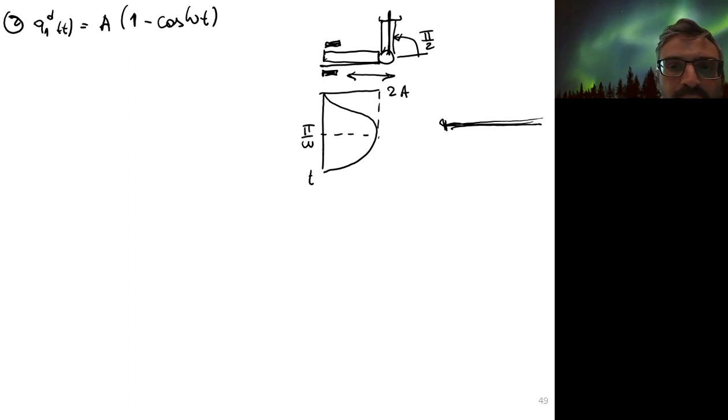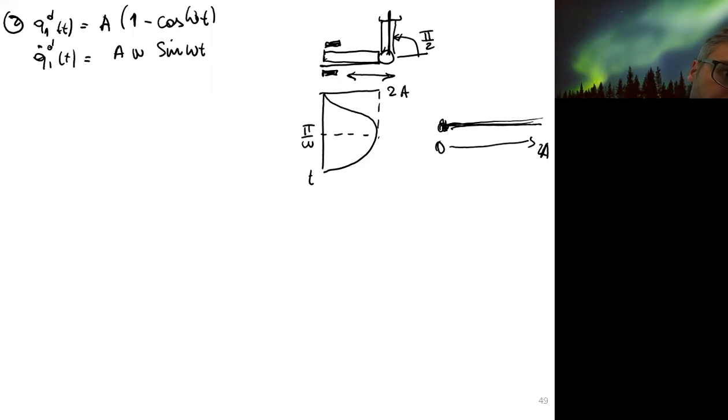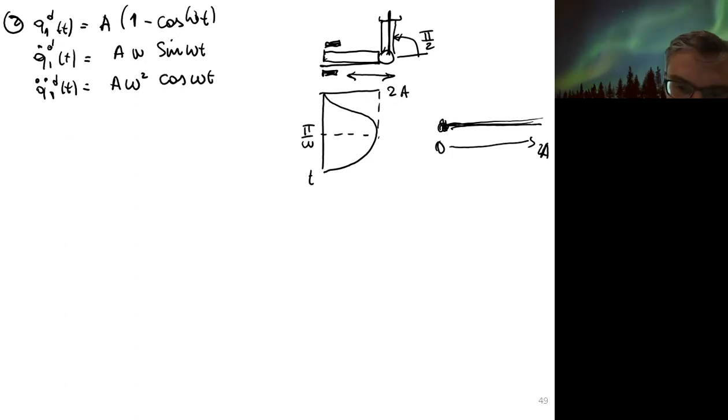So it's always positive, starts from here, goes to 2a and goes back. The derivative is a omega sine of omega t, and the acceleration is a omega squared cosine of omega t.